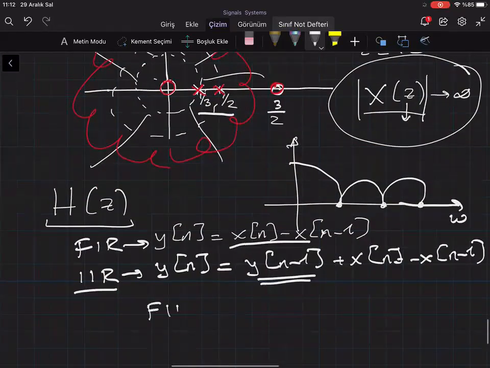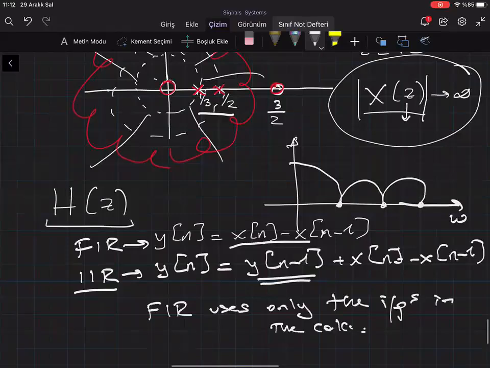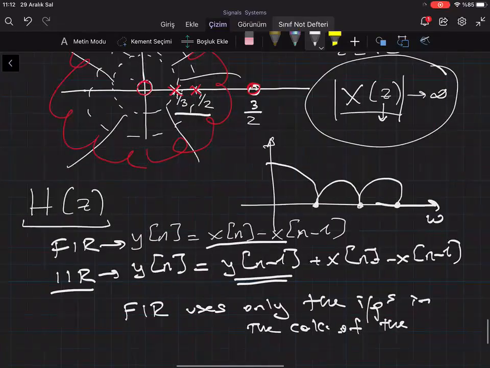FIR uses only the inputs in the calculation of the current output.